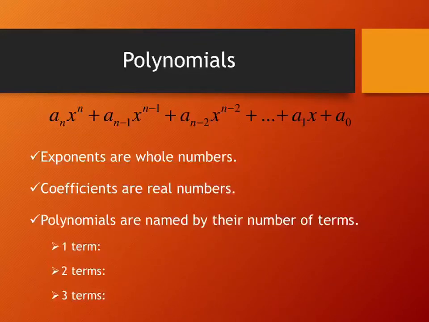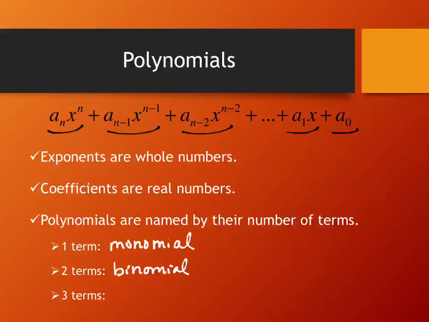Polynomials are actually named by how many terms they have. So each term is what's separated by each addition. So these are our terms that I'm underlining. And the number of terms give it its name. So if it's one term, we call it a monomial. Mono, one. If it's two terms, it's called a binomial.